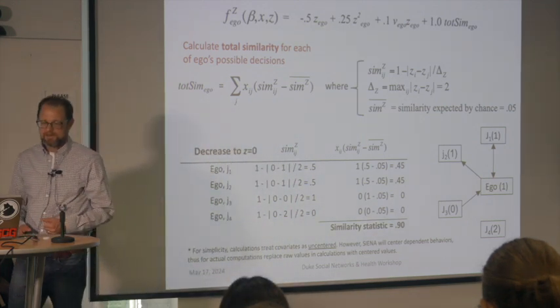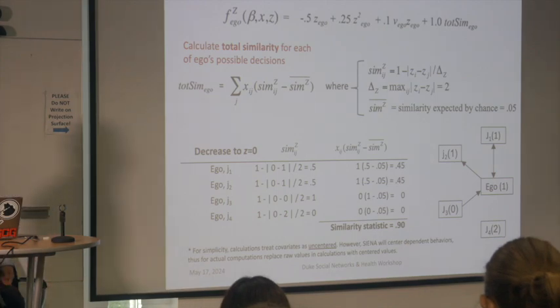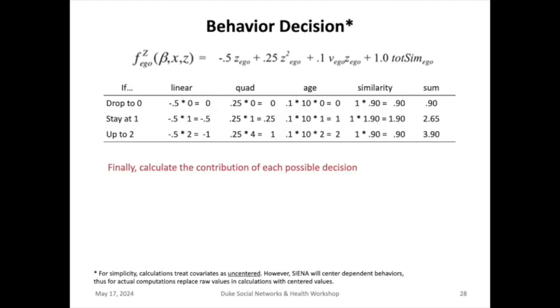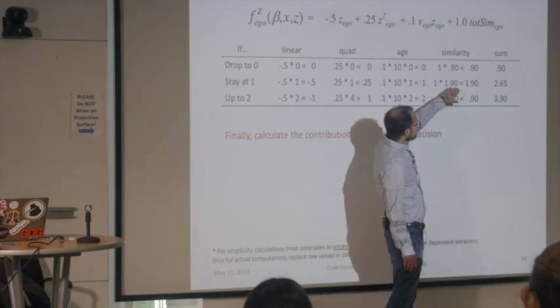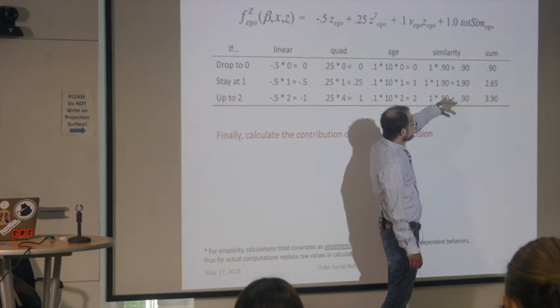So they contribute nothing. So the overall similarity drops down to 0.9. Likewise, if ego increases their behavior to 2, we see that again, ego becomes dissimilar to J1 and J2, and so that similarity statistic is lower. So ultimately, we see that the similarity is greatest for staying at level 1.